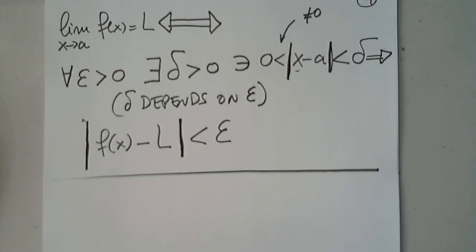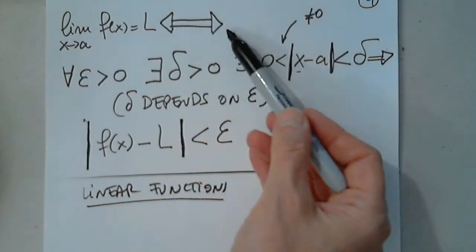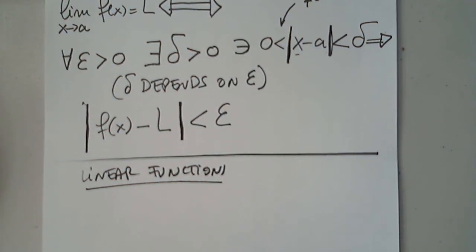Okay, so let me show an example. And you will see, oh, that's it. And yes, that's it. We're only going to look at linear functions. And I'll show you how to show both sides. And that's all I'm going to ask you from this section.